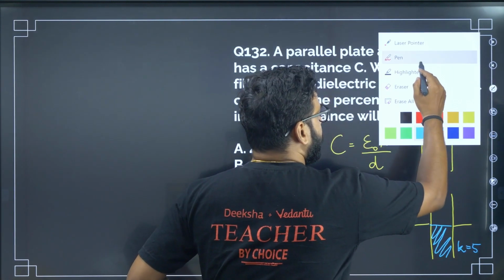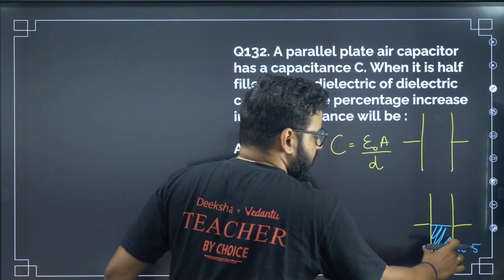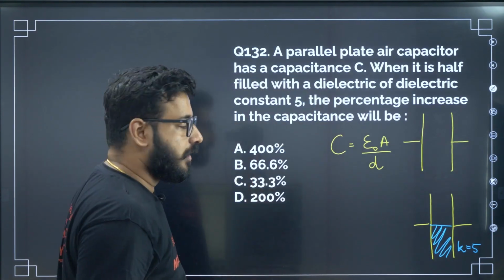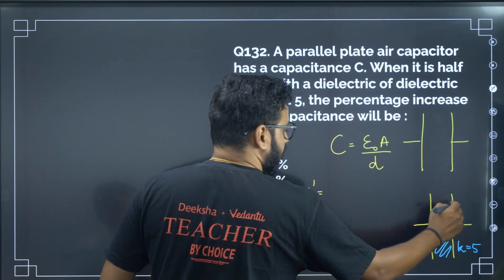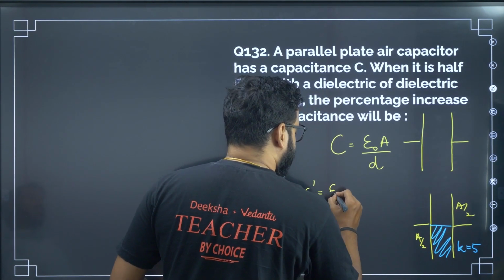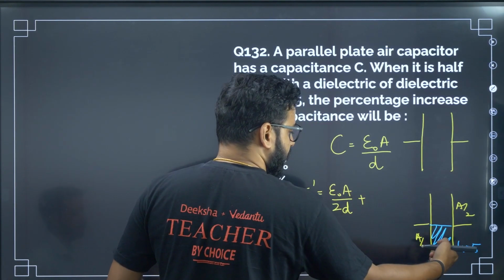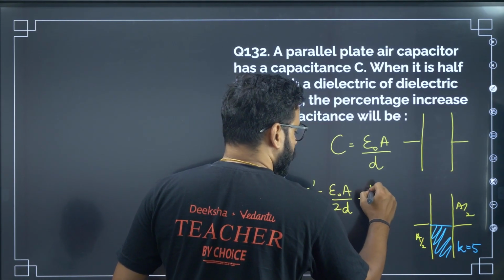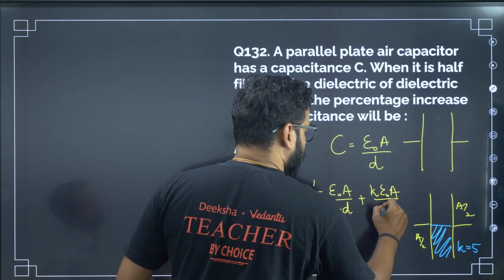Now what will happen here? Now it's a parallel connection. Air acts as a capacitor and the dielectric acts as a capacitor. They are both in parallel connection, so the new capacitance is the addition of both. This is A by 2, this is also A by 2. So we have epsilon naught A by 2D plus K into epsilon naught A by 2D.